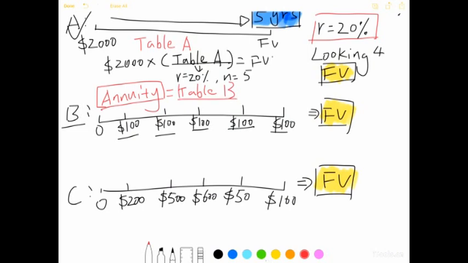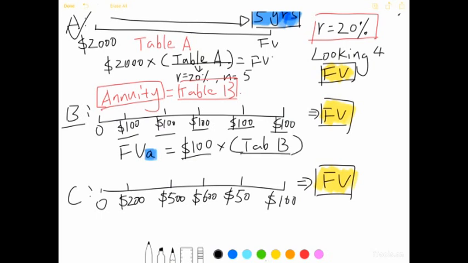So how do we do this? Real simple. You take the future value of all of these added up together, and put a little a over there, which means annuity. This just means use $100, which is your payment each period. You only need that $100, and then you multiply by the table B factor.